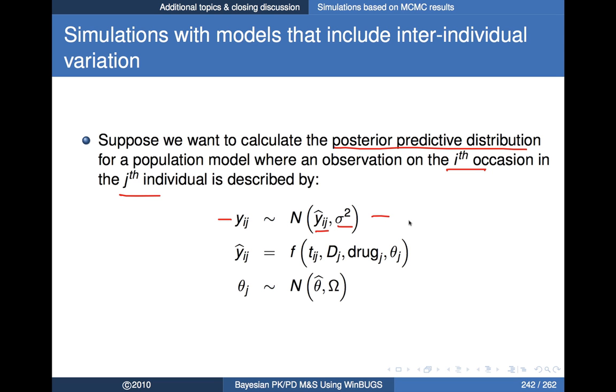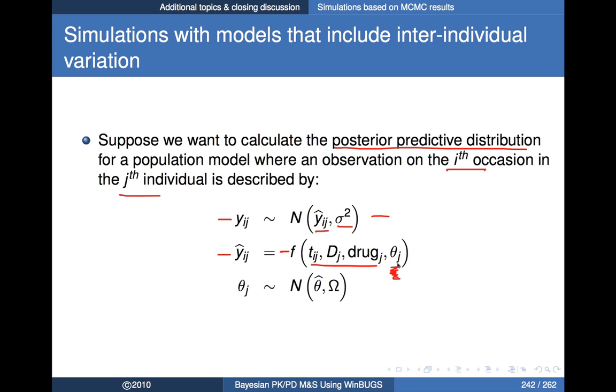We've got a variance here we call sigma squared, and then let's suppose that the mean for that individual is again a function of our model parameters, our thetas here, as well as some covariates. So we've got a Tij, Dj, and drug J. Notice that there's a subscript now on our theta because that could be subject specific.